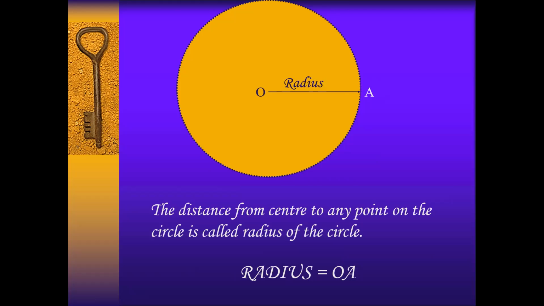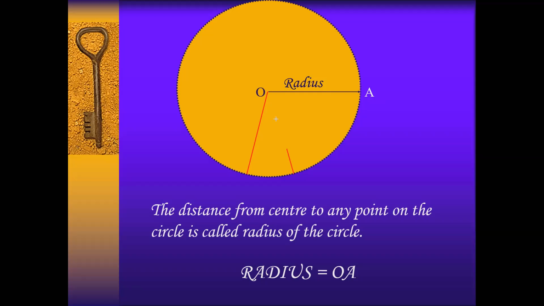We have already done this. The distance from the circle center to any point on the circle is called the radius of the circle. Let me draw what that means. If I draw a line from here to here, that would also be the radius of the circle. This would also be the radius.